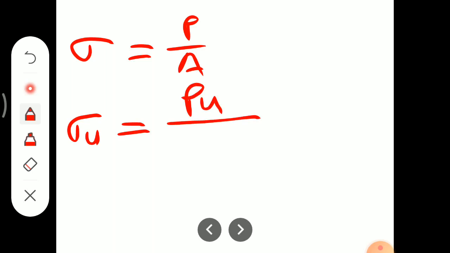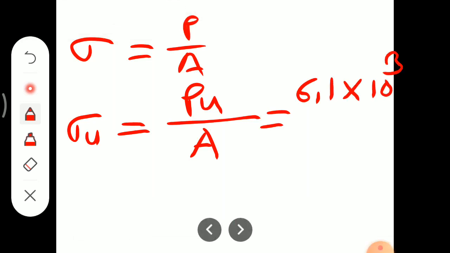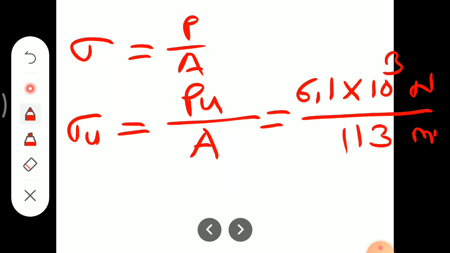The ultimate tensile load divided by area A, and the ultimate load is 6.1 kilonewton, multiplied by 10 to the power 3, in Newton, and the area we found is 113 mm square.